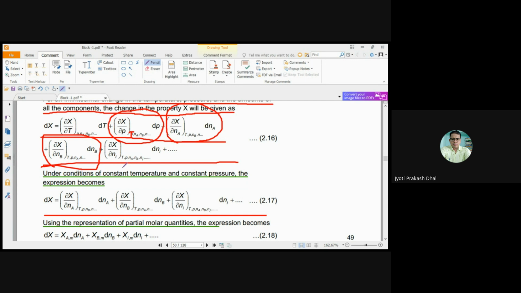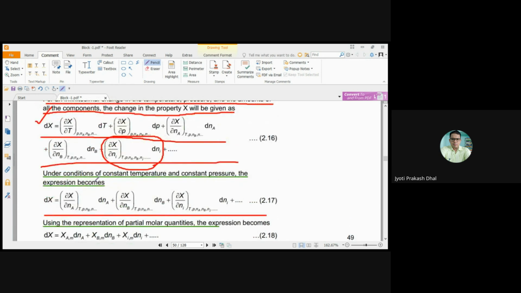And similarly, the last term will be like this. This term represents the change in value of X with respect to change in number of moles of the ith component at constant temperature, constant pressure, constant number of moles of A, constant number of moles of B, constant number of moles of C, etc.